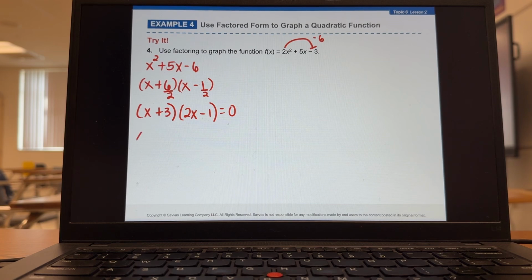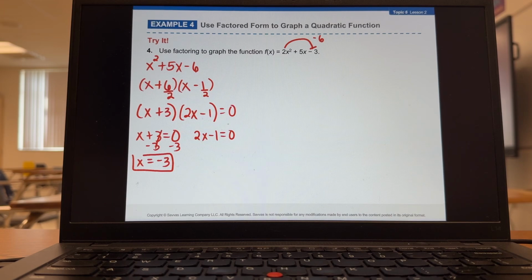I now separate them, make them equal to 0, and subtract 3. X equals -3, that's one solution. Plus 1, 2x equals 1, so x equals 1/2.